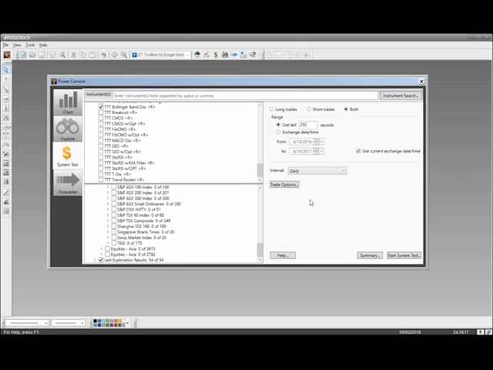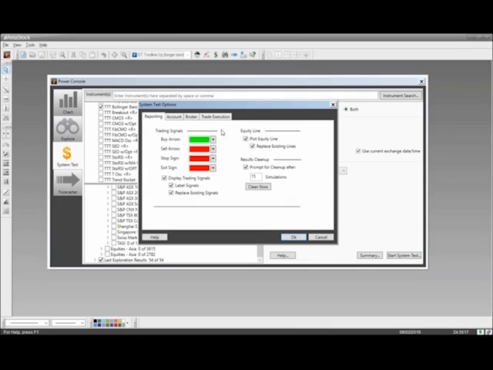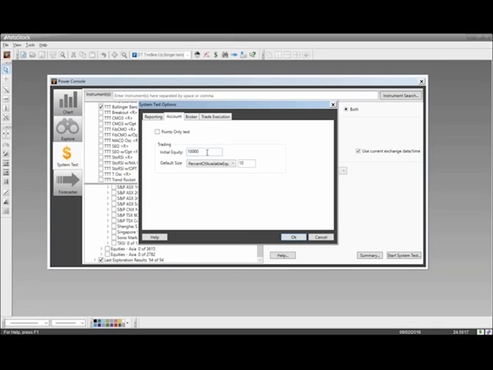What you always want to do before you do a system test is click on trade options, and get even more specific about the type of trader that you are. First off, I want to be honest about my account. Okay. If I put $1 million in here, but I only actually have $5,000 in my account, it's going to sway that system test significantly, especially when we start looking at brokerage fees.